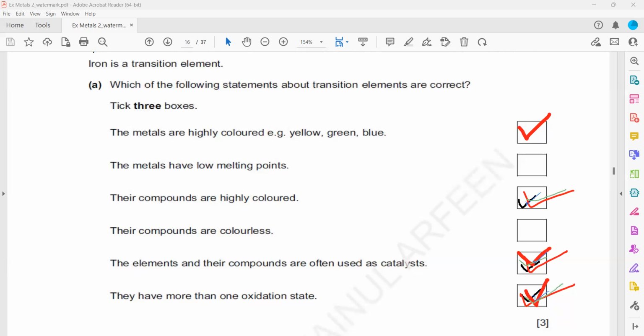Actually, if you read the question, you have to tick 3 boxes, and here I see 4. Why is this one not correct?